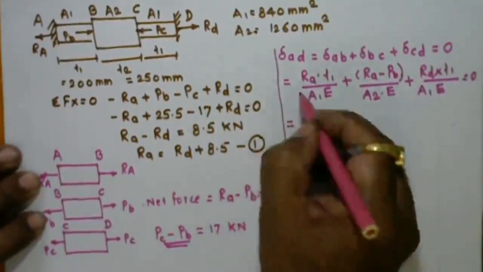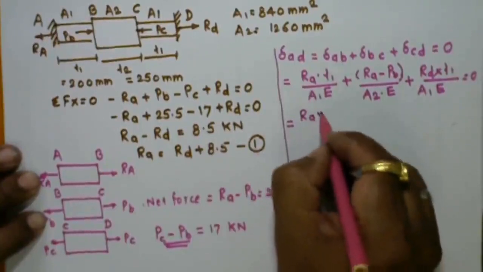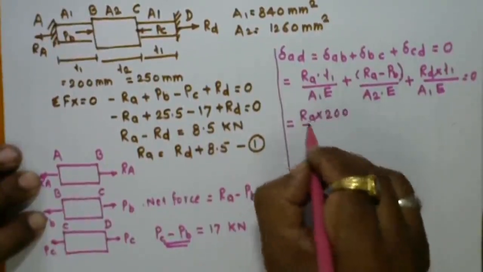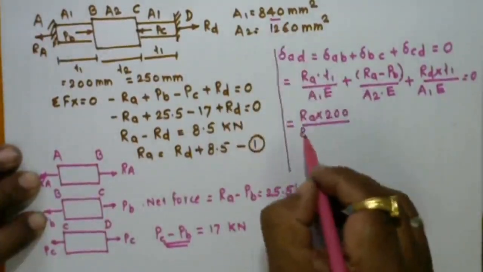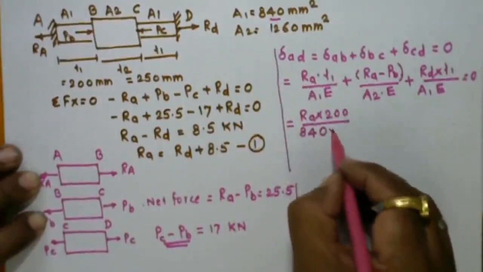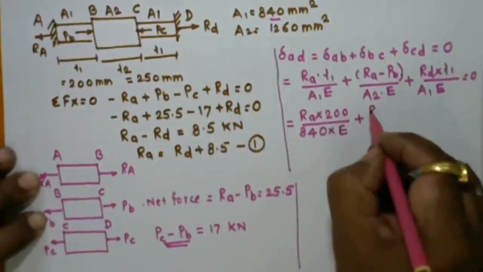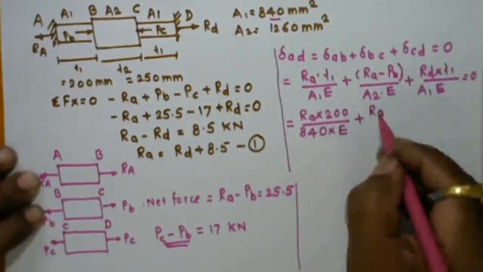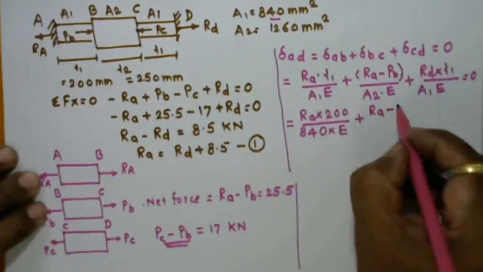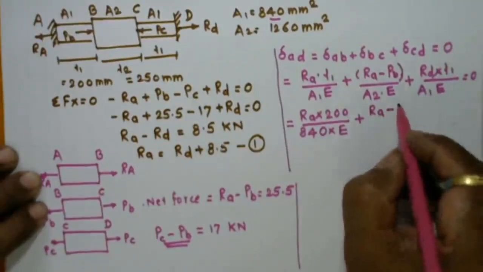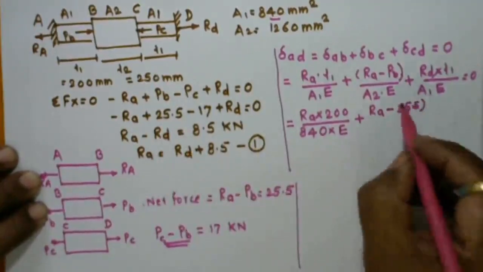So in that, RA is unknown, L1 we know, 200, A1 is also known, that is 840, E is unknown, plus here again RA minus PB. We know the value of PB, 25.5.